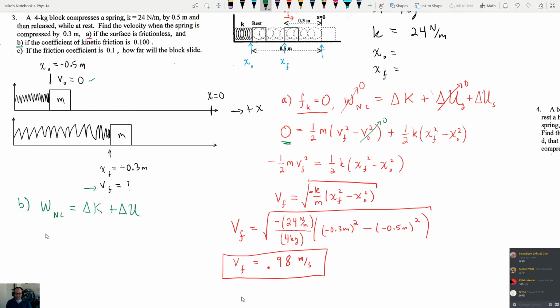Now the work done by non-conservative forces is going to be the work done by the force of friction. And to find the work done by friction, what we want is the force of friction multiplied by the displacement, delta x.